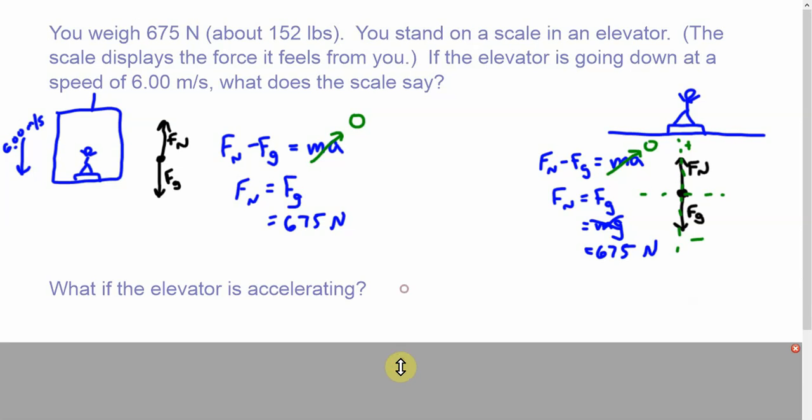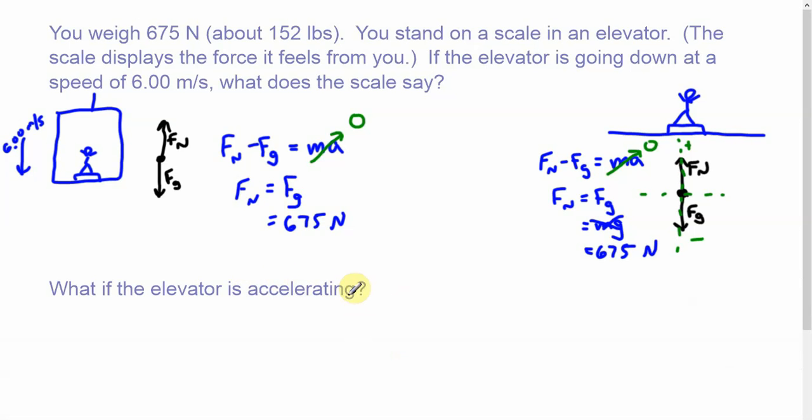Now, what if the elevator is accelerating? So now what if this either is getting faster going downward, or maybe it's accelerating upward, or maybe it's going downward but slowing down, so the acceleration is upward. If there is some acceleration for the elevator, now things will be different, and the scale will show a different number.